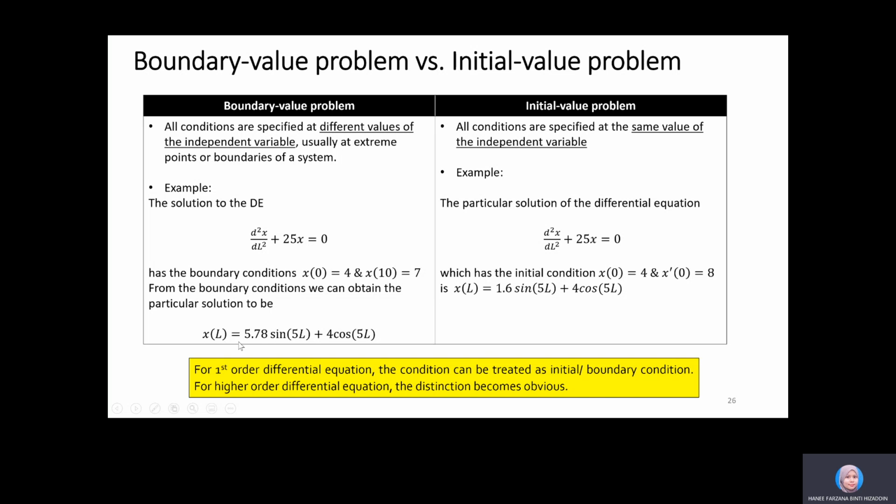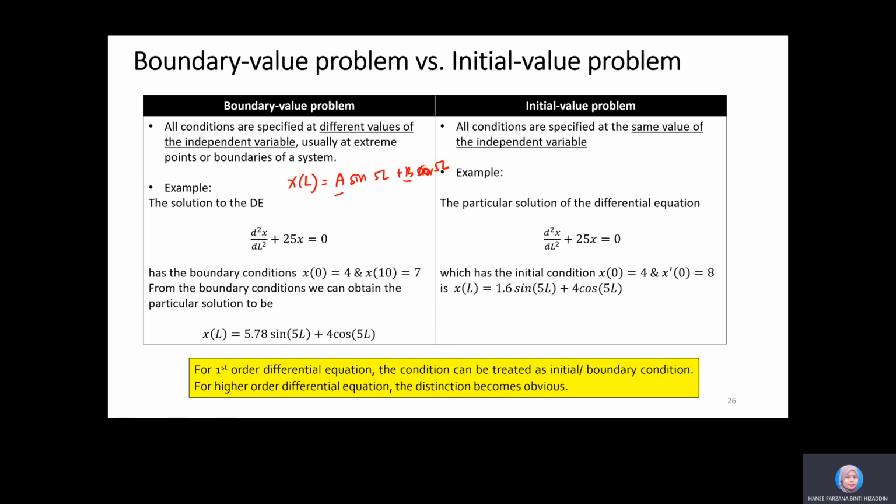0. The general solution, if you're not given any boundary condition, is x as a function of L equals A sine 5L plus B cos 5L.